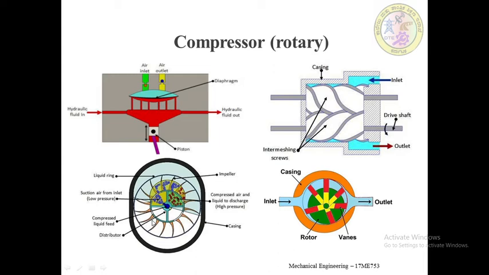This type of compressor has no leakage and minimum friction. For very smooth operation, we need to maintain the rotation speed at about 3000 rpm. Then only it is very safe in operation. The delivery pressure is very low, about 5 bar.